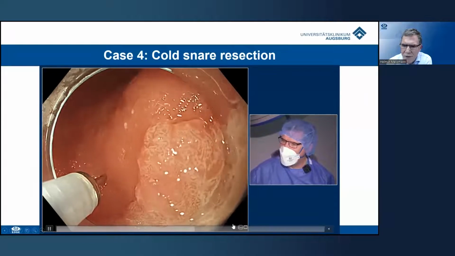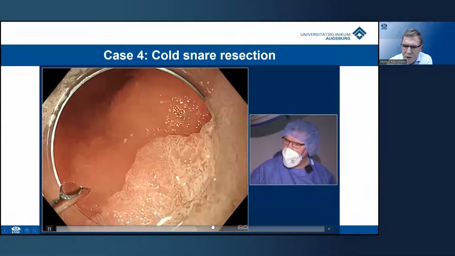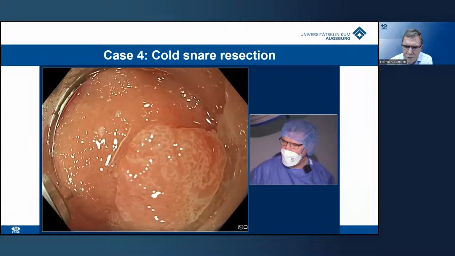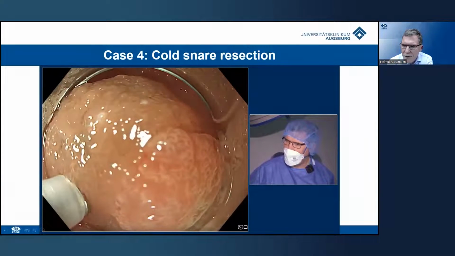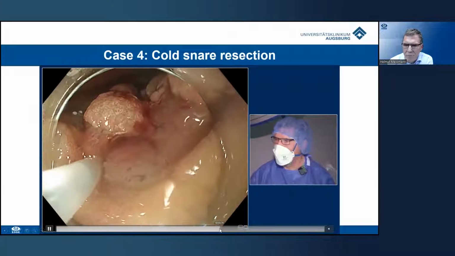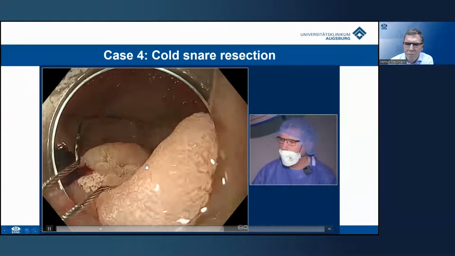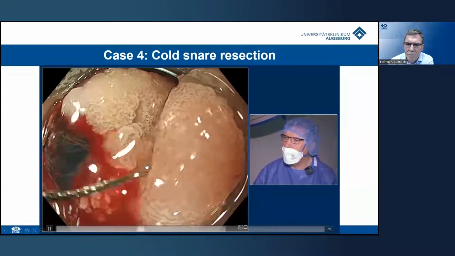You see here, I injected the lesion with adrenaline and indigo carmine, and then I started the piecemeal EMR.